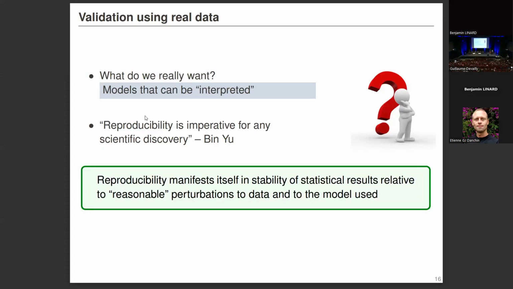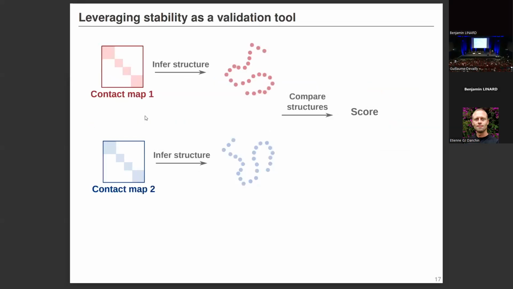And by reproducibility here, she means statistical reproducibility, which is that you want your result to withstand perturbation of your data. Of course, reasonable perturbation of your data. So it can be on data or on models. So the goal is going to be to use real data, perturb it, and see if we can do something with it.